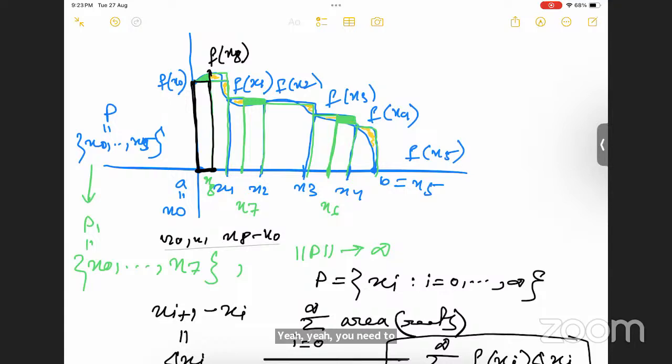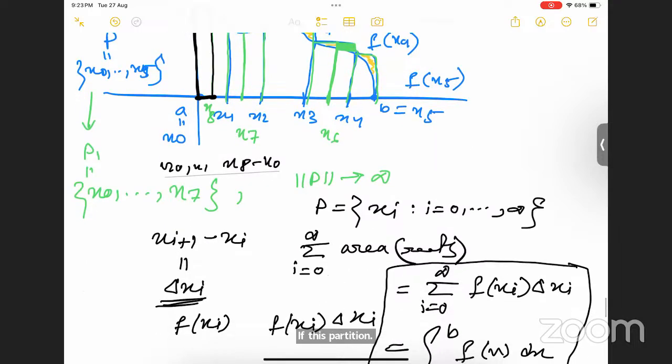That is why it's possible to get some question like that. There may be an interval given, and then they may mention the cardinality of the partition. Then they may ask you to calculate the area with this partition, with this formula.